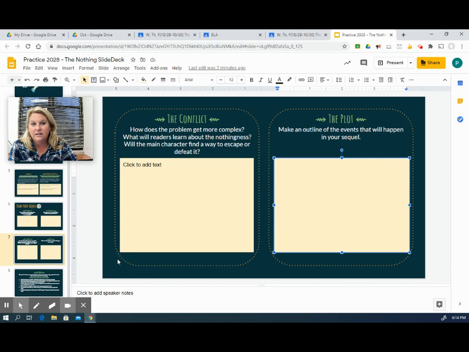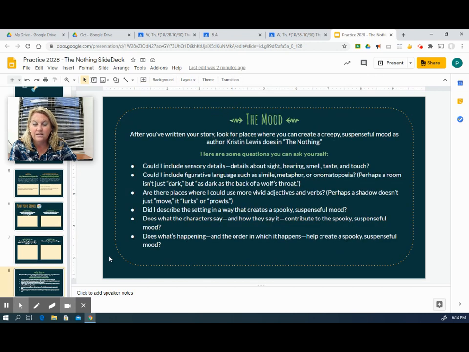And then let's move on to our next slide. It says, after you've written your story, look for places where you can create a creepy, suspenseful mood, as author Kristen Lewis does in The Nothing. Here's some questions you can ask yourself. So this is kind of an exercise in revision.